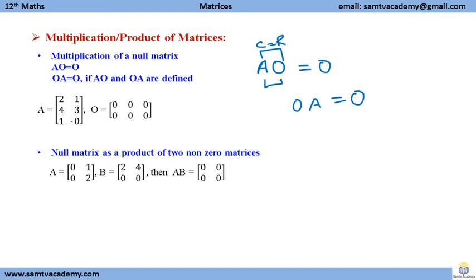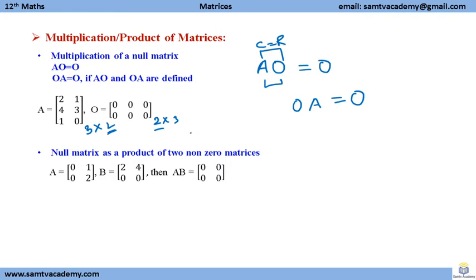If we take this example, if we multiply A by the null matrix, here we first see whether it is defined or not. This is a 3 by 2 matrix, this is a 2 by 3 matrix. Here column is equal to row, so it is defined.